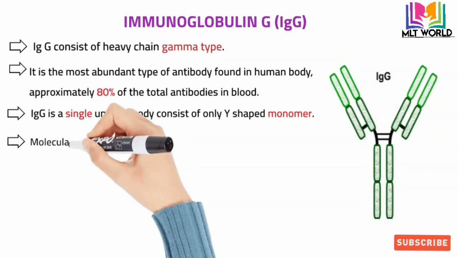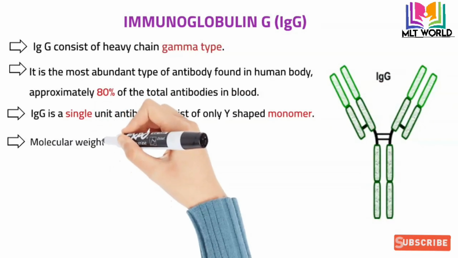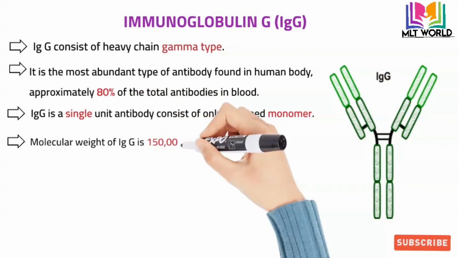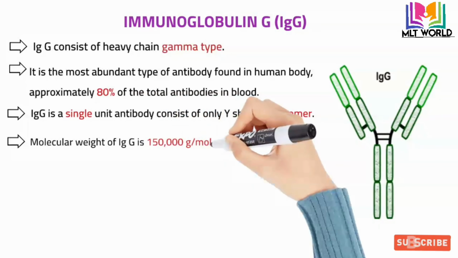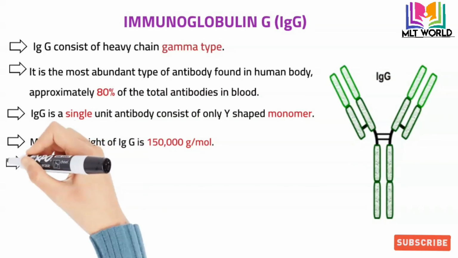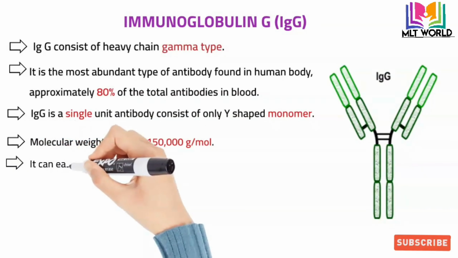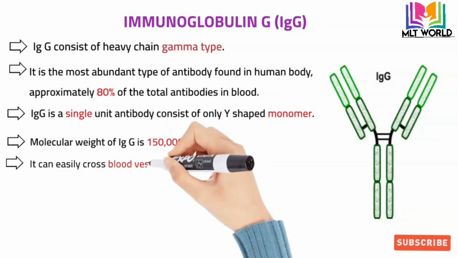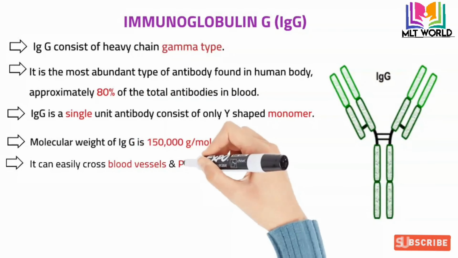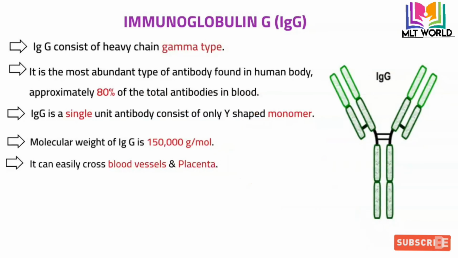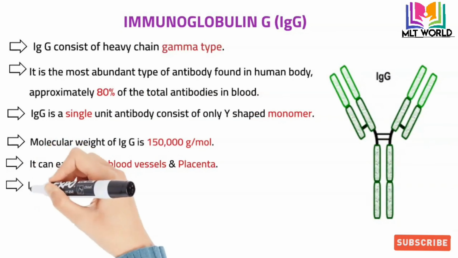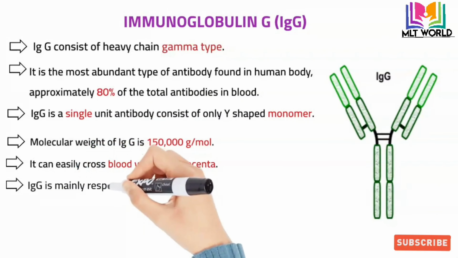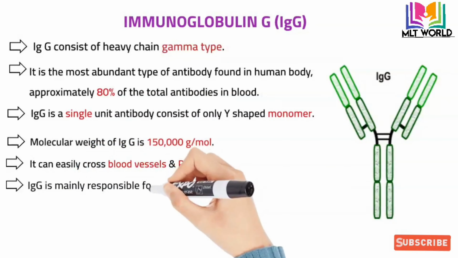The molecular weight of immunoglobulin G, IgG, is 150,000 gram per mole. Because of this weight and its structure, it is one of the smallest immunoglobulins, so it can easily cross blood vessels and the placenta. This is one of the most important MCQ questions: which immunoglobulin can cross the placenta?